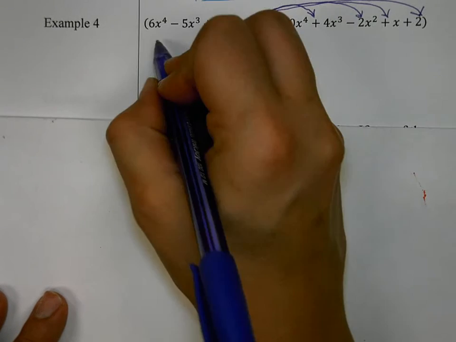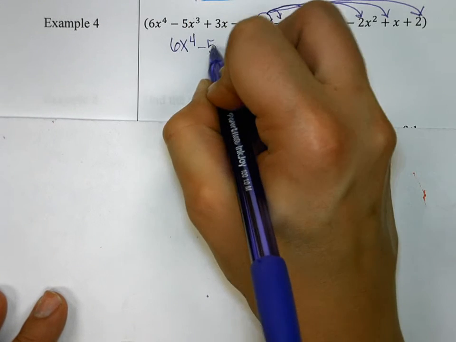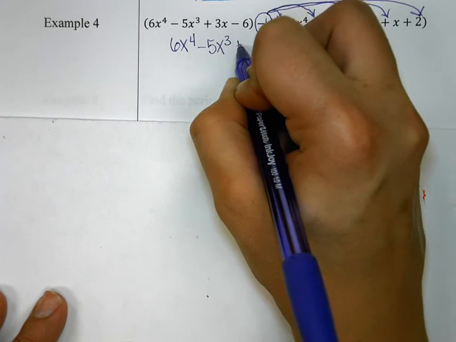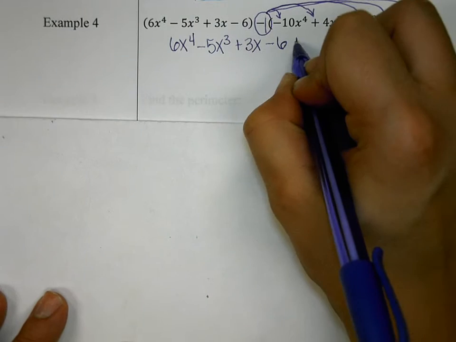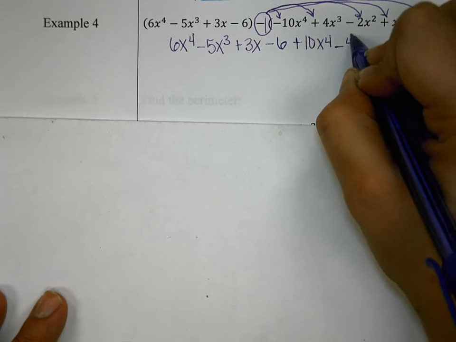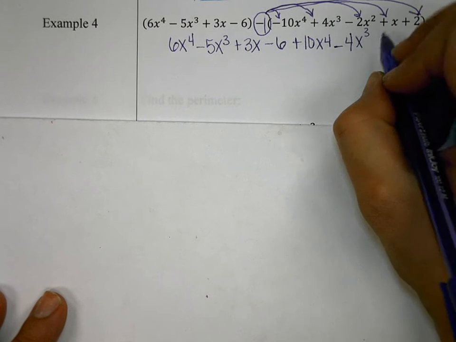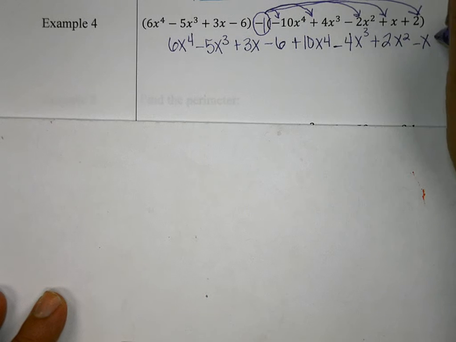And that's going to give me 6x to the fourth minus 5x to the third plus 3x minus 6 plus 10x to the fourth minus 4x to the third plus 2x squared minus x minus 2.